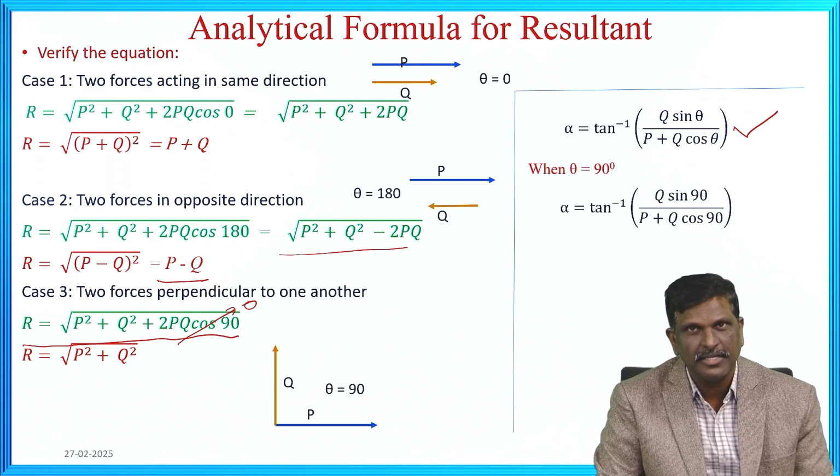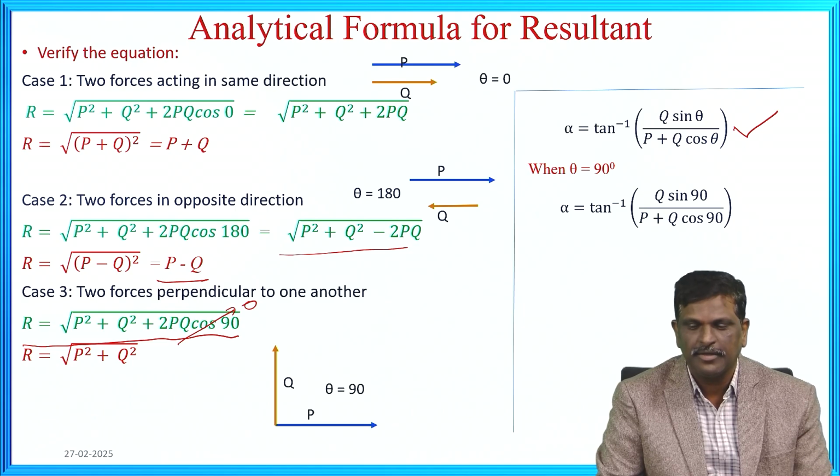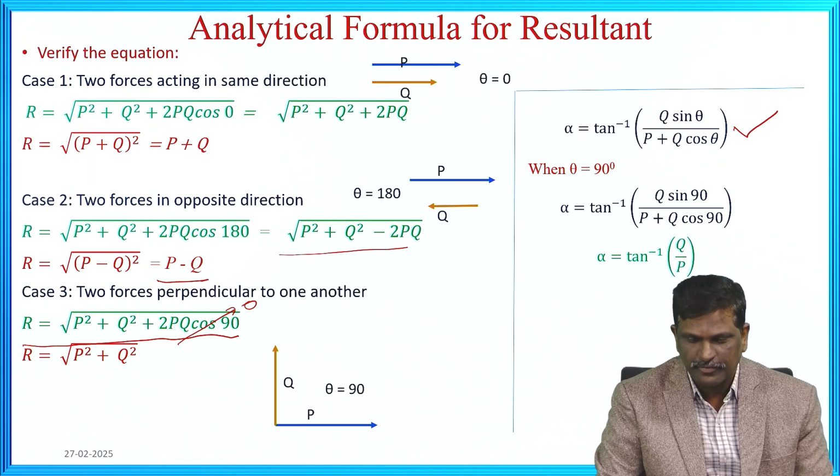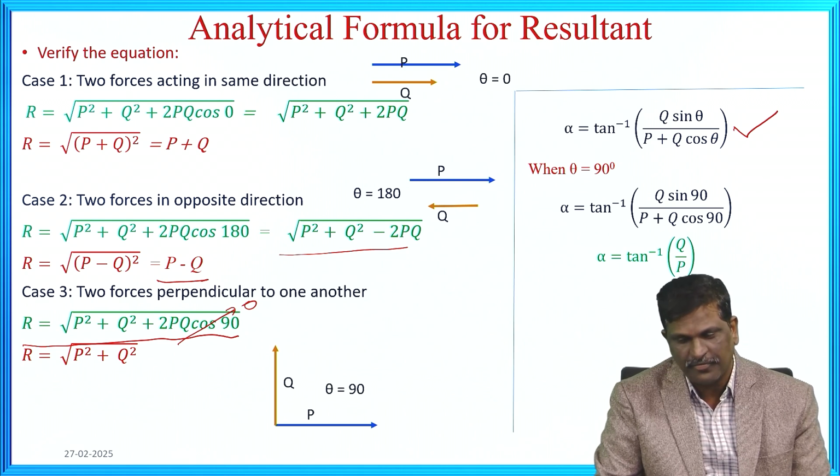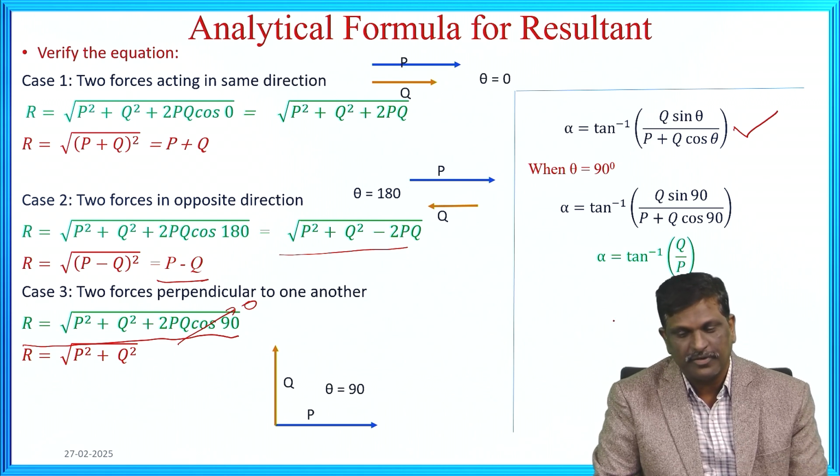Alpha equal to tan inverse Q sin 90 by P plus Q cos 90. We know that sin 90 is equal to 1, cos 90 equal to 0. Therefore, the expression for alpha is given by tan inverse Q by P. Tan inverse, the ratio of vertical force to horizontal force.